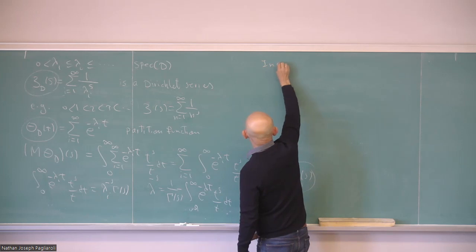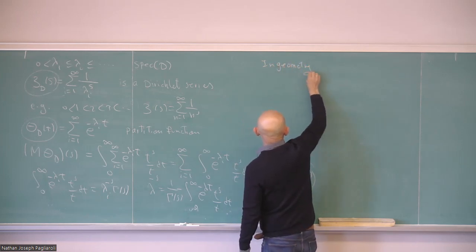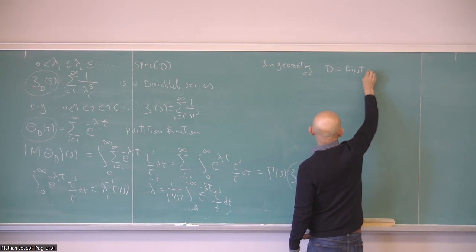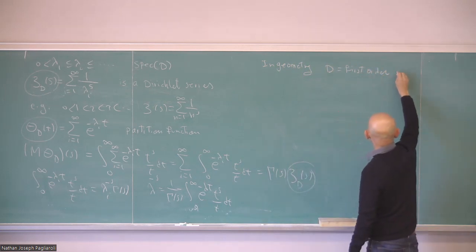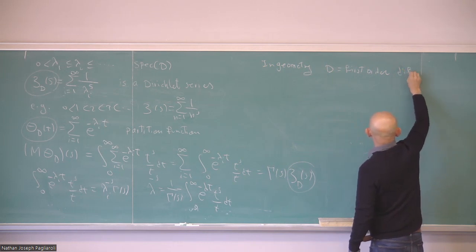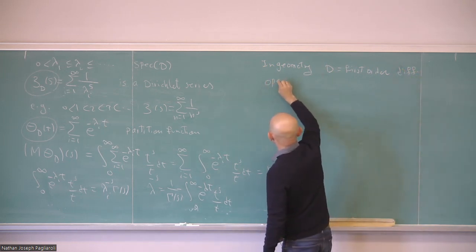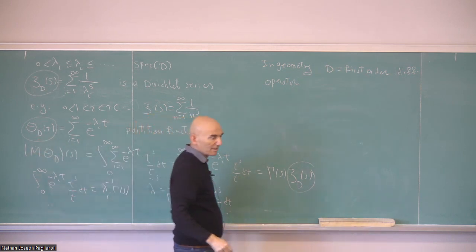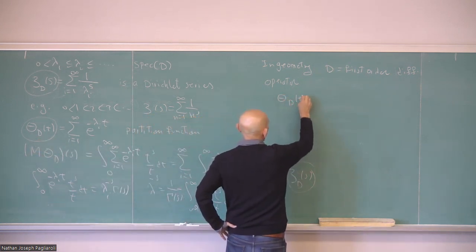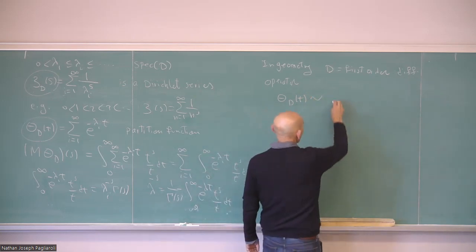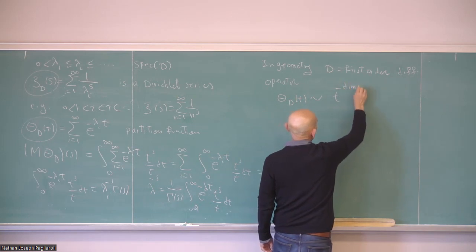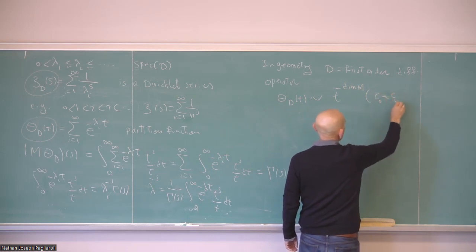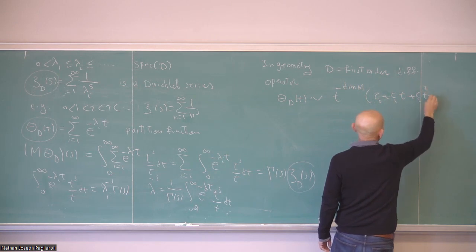So in geometry, if D is a first order differential operator, then you can show that this theta_D of t is asymptotic to t to the power minus the dimension of the manifold times c0 plus c1 t plus c2 t squared.